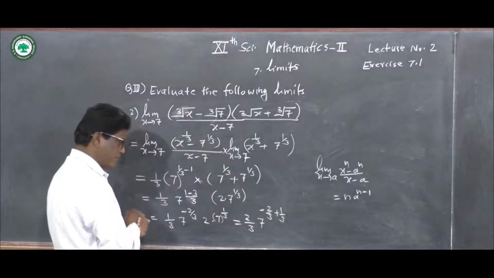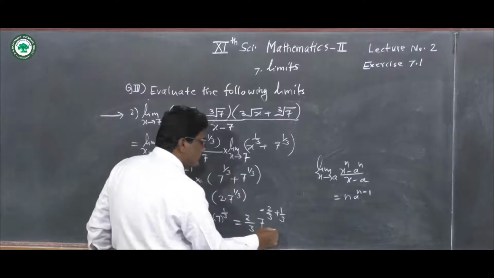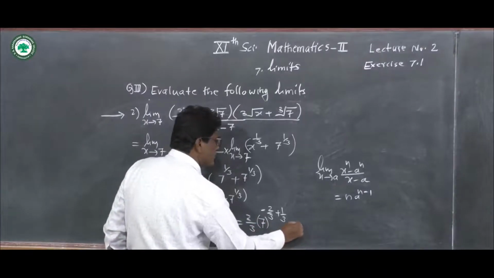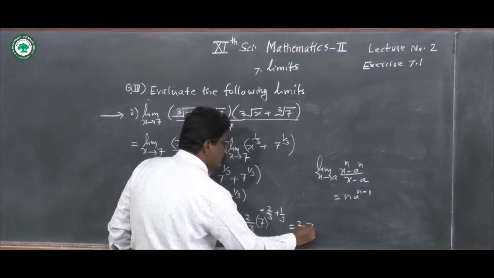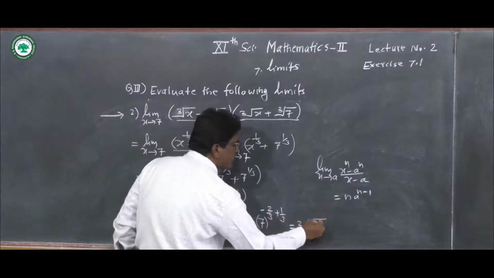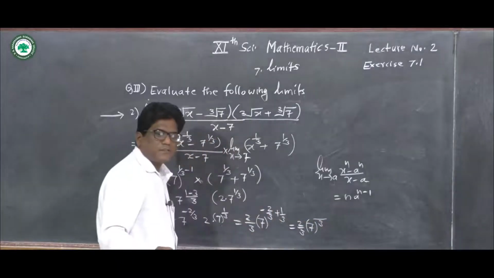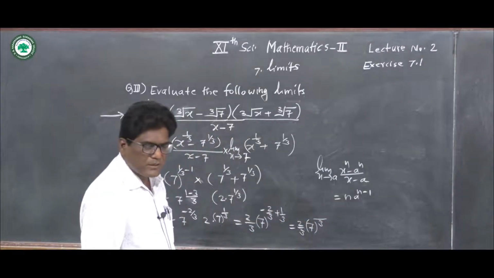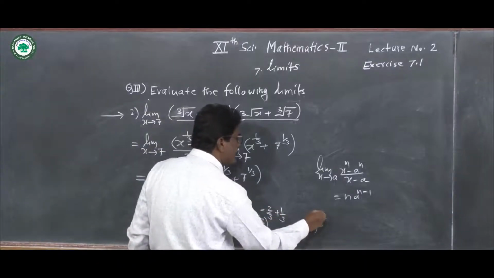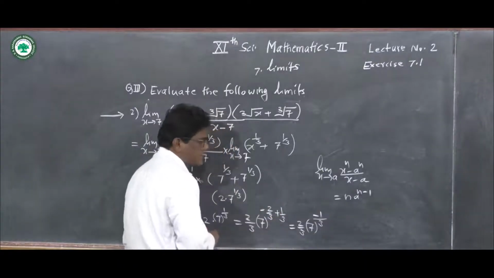The denominator is the same, 3, and minus 2 plus 1 is minus 1, so minus 1 by 3.